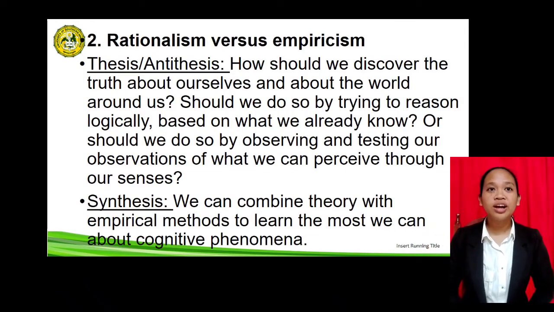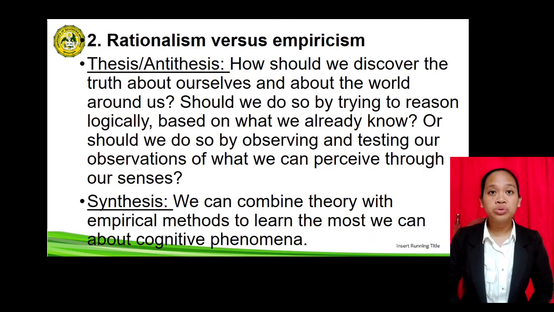So, second one, rationalism versus empiricism. So, rationalism argues that knowledge is acquired through logical analysis, while empiricism is acquisition of knowledge through experience and observation. So, thesis and antithesis. How should we discover the truth about ourselves and about the world around us?